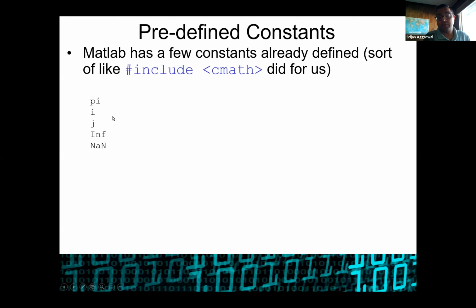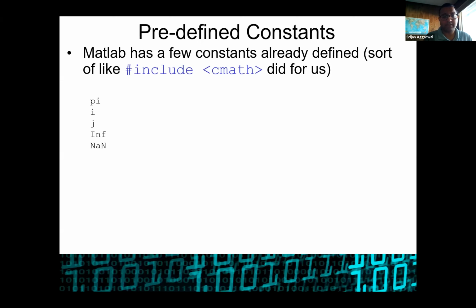Pi is 3.14. i and j are also predefined keywords in Matlab. And what are i and j? Any guesses? So i and j are the complex numbers, which is the square root of -1.